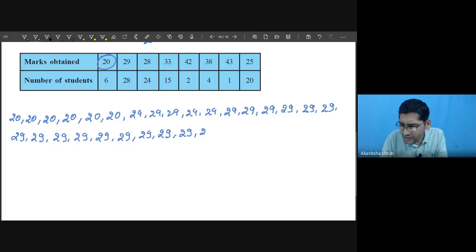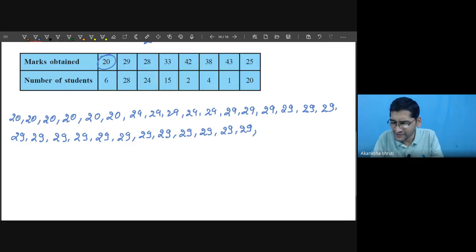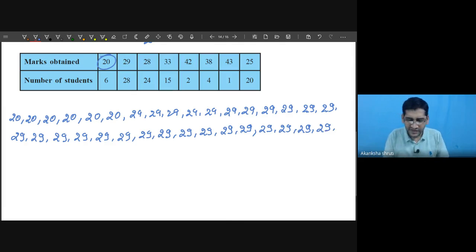You also have to write 29, because this way you can understand why cumulative frequency is needed and what the meaning of cumulative frequency is. You can understand from this question. So 29 should be 28 times. How many times have I written? I don't think it is 28 times.